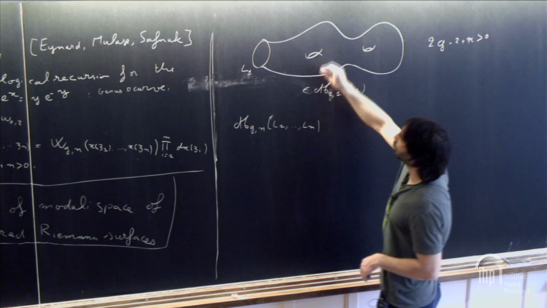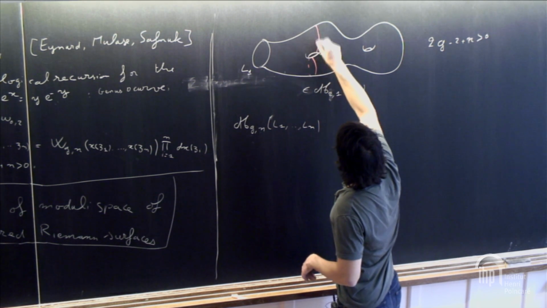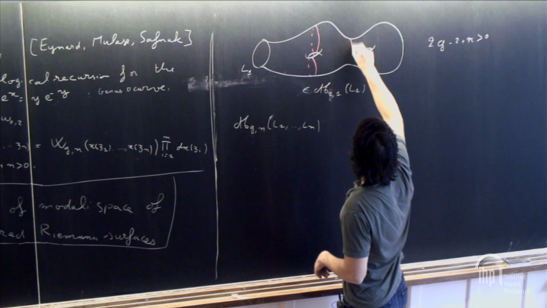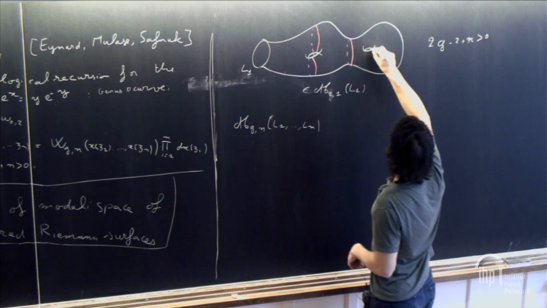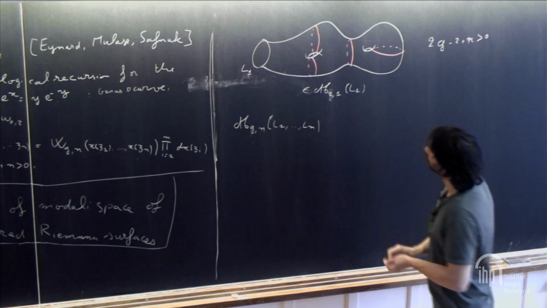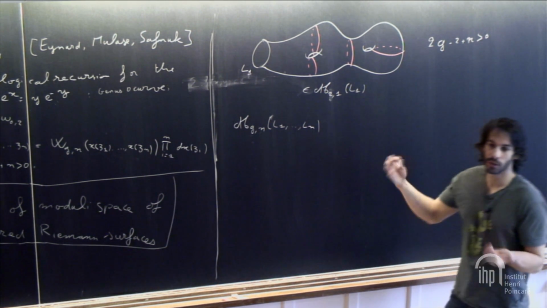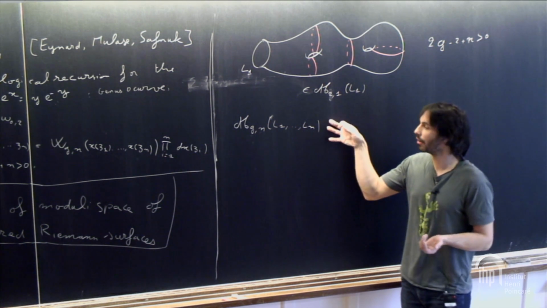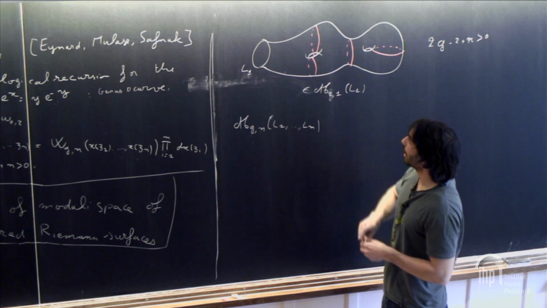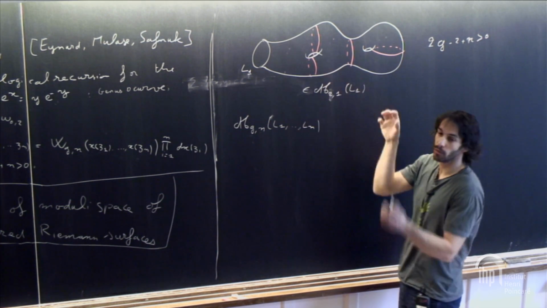Now I could decompose it into pairs of pants. And then say, okay, if I want to build an element in this set, I just need to build elements which are pairs of pants and glue them together.